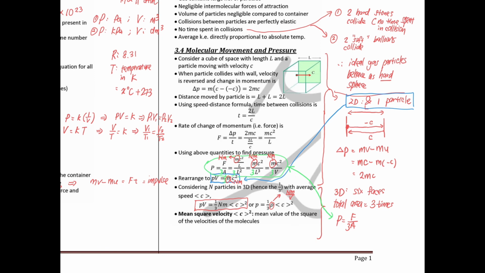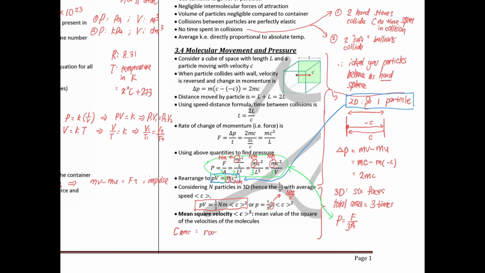The average speed is like this. The average speed is CRMS. What is this? This is the average speed. Like what I said just now, there are so many particles. Their speeds are different. Some are fast and some are slow. So the average speed, we call it root mean square speed.